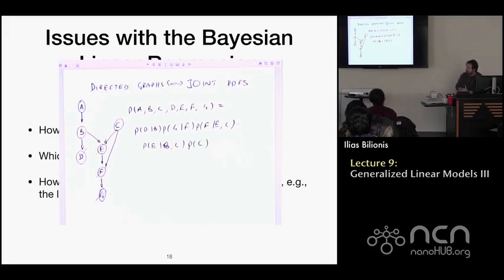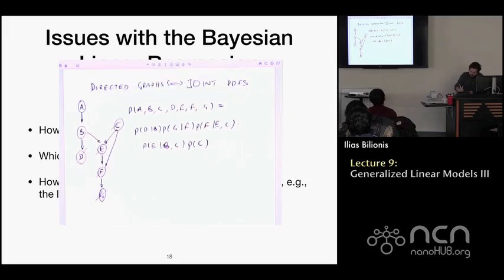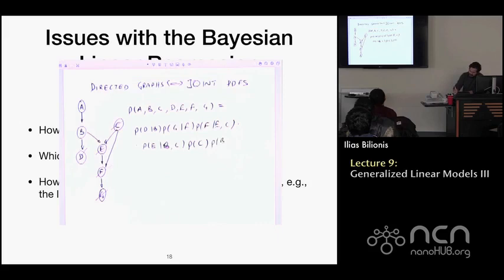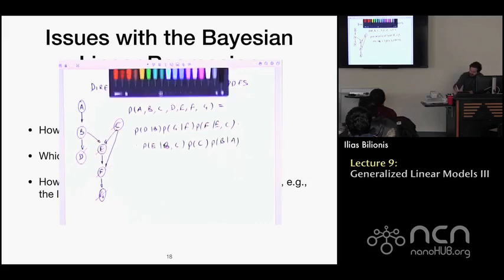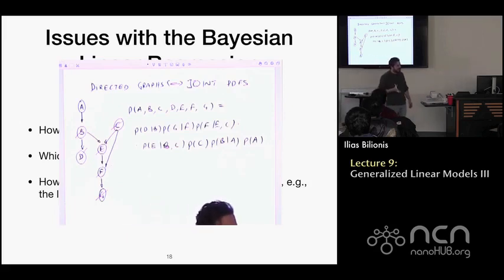It's probability of C, like that. Now I'm done with C. Now I can do B, the probability of B given A. I'm done with B. And I only have A that doesn't have any parents, and I get the probability of A. Okay, so it kind of looks obvious. It is obvious.